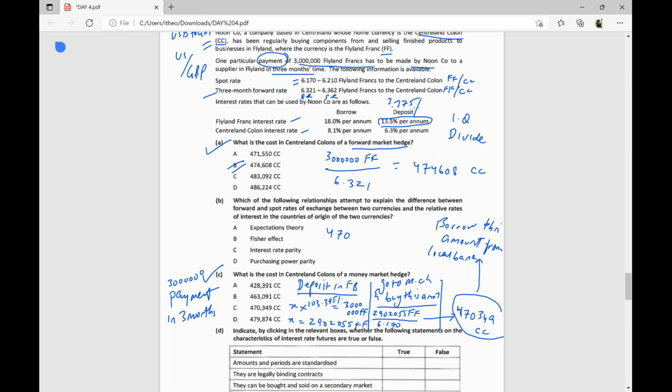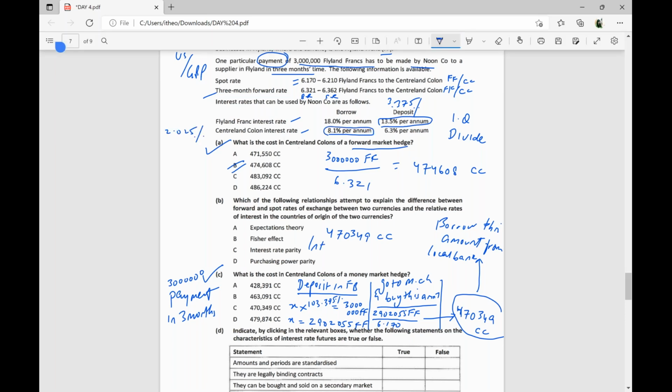So how much interest do you have to pay on borrowing CC? Now you are borrowing CC, so take the borrowing rate, 8.1% per annum. You are borrowing for 3 months, right? So 2.025% for 3 months. You have to pay interest of 2.025%.